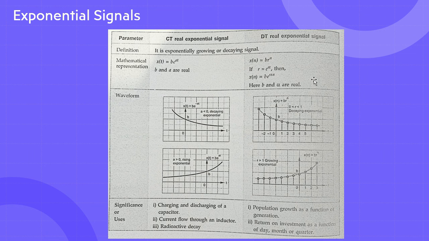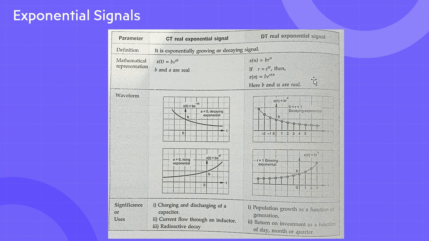And similarly, how we plotted for my continuous time real exponential signal, we will plot for the discrete time real exponential signal. What will happen here? Last time we were discussing if the value of my a is less than 0. Here we will be discussing the value of my r.